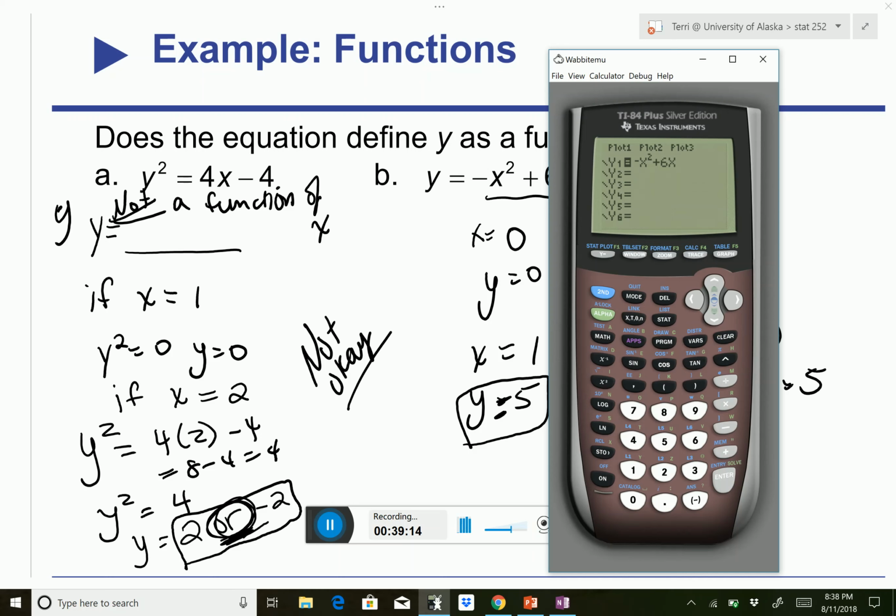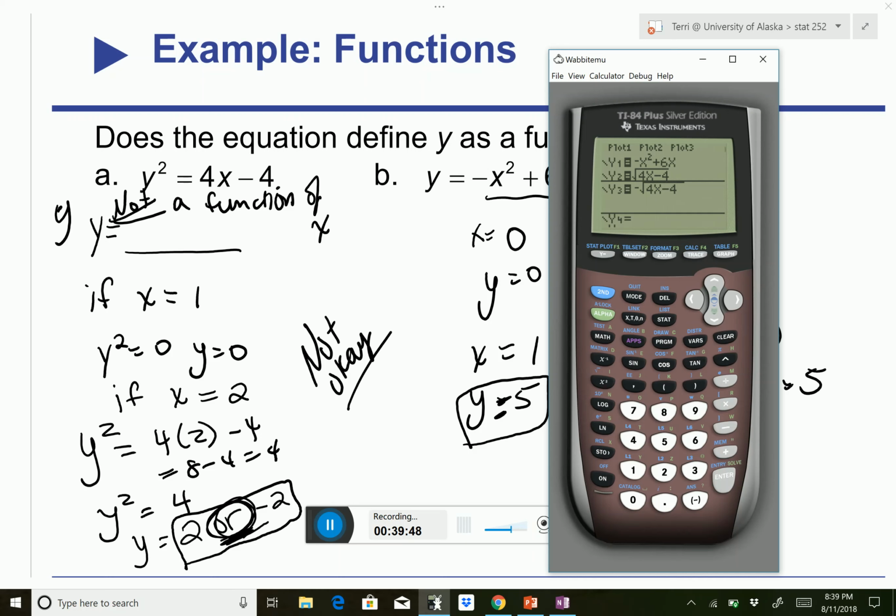However, if I try to put this first one in, look, what do I do? I can't solve this for y. The best I can do is the square root of 4x minus 4. But wait, that's not the answer, because it's also the negative square root of 4x minus 4. So it's both of these things.